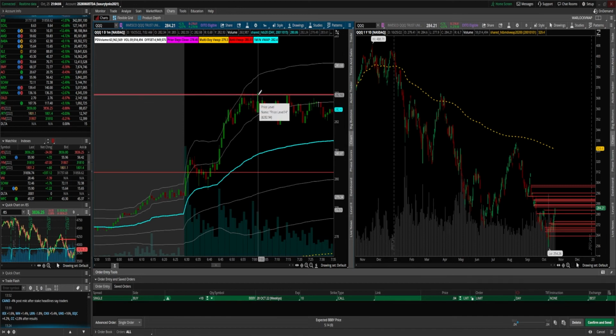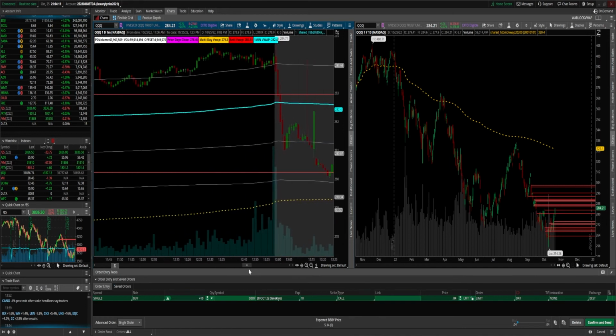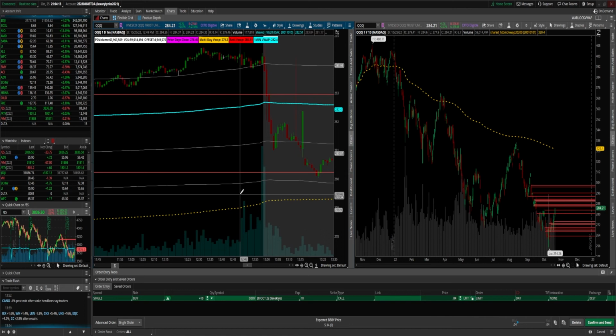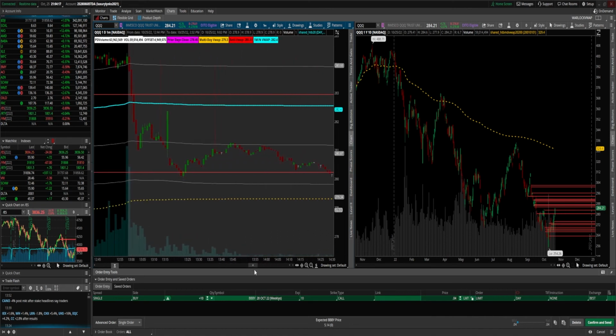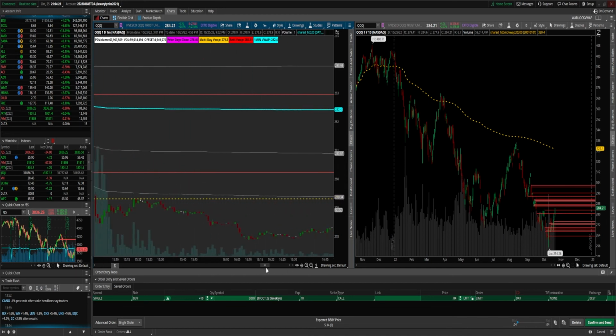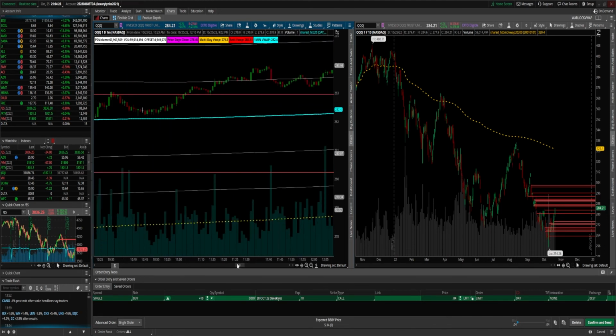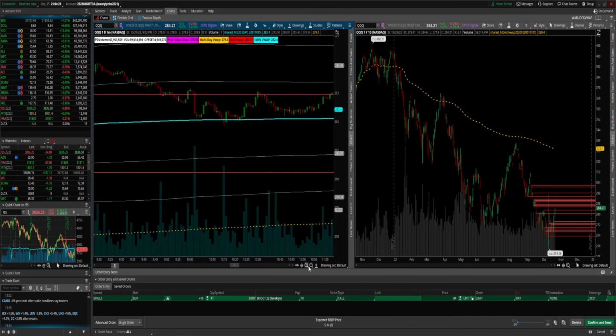Notice how we jiggle around this level. Then at the end of the day, you get a sell-off when the market closes. But look where it goes to, this level. Look where it goes to, multi-day. Back to multi-day.